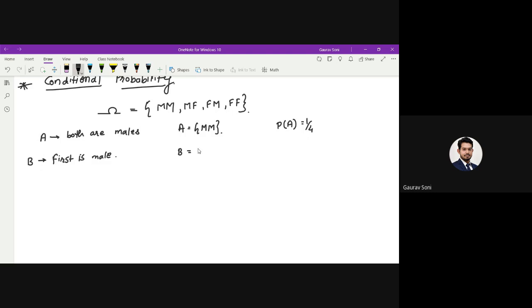So the elements in B are going to be, not first, I'll say one is a male. One is male. So the elements in B are these.